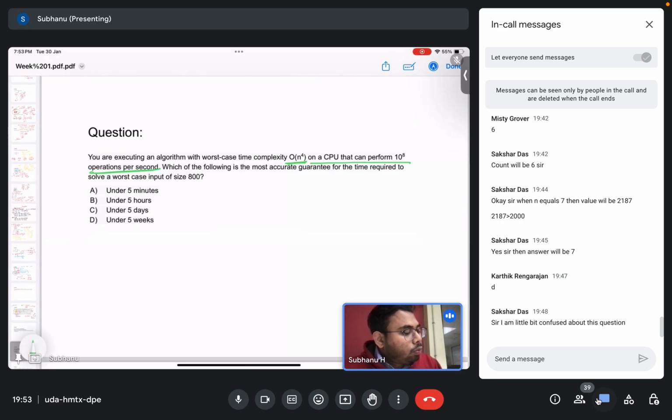Which of the following is the most accurate guarantee for the time required to solve a worst case input of size 800? Your CPU can perform 10 to the power 8 operations per second. So how much time do you take to calculate this? If your input size is n, your n is basically 800.